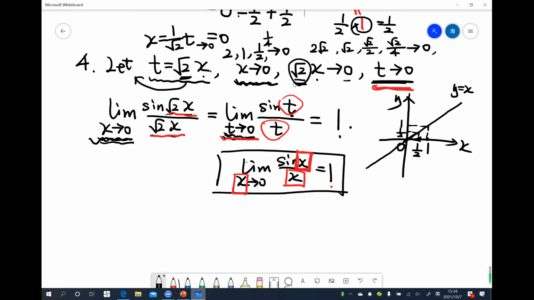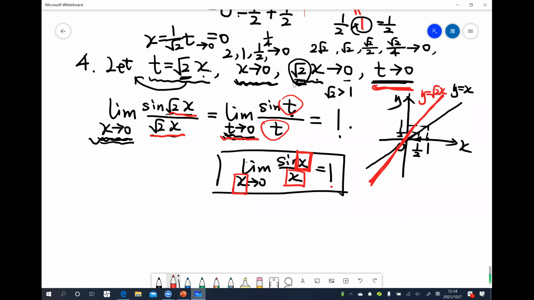So can you understand this part? Yes. Okay, so here t equals the square root of 2x. We know that the square root of 2 is larger than 1, right? So the graph of the square root of 2x is here. This line is y equals the square root of 2x.